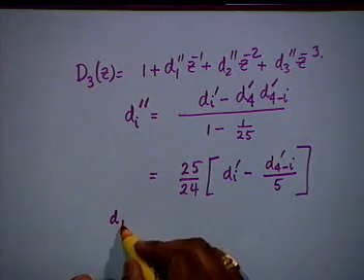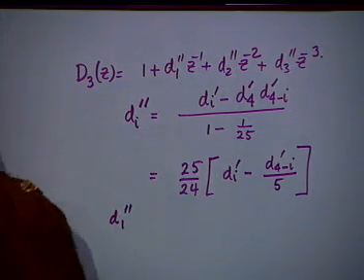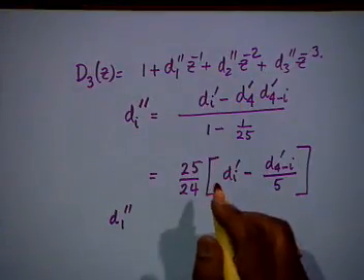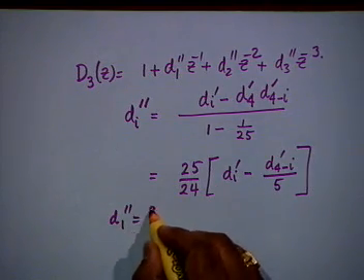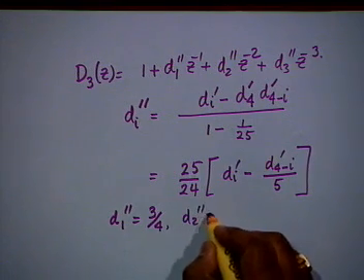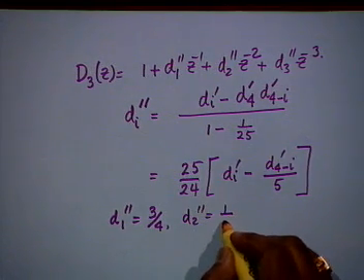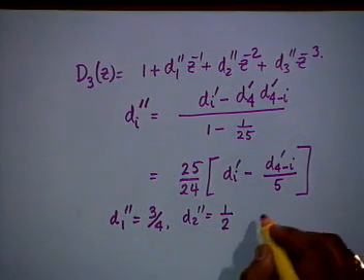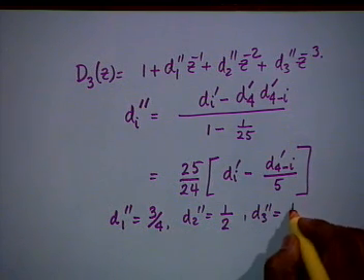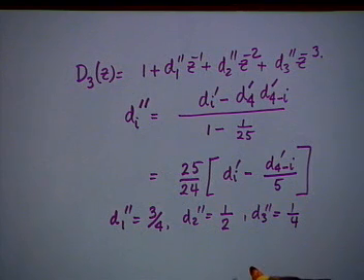My calculation gives d1 double prime is equal to 3/4, d2 double prime is equal to half, d3 double prime is equal to 1/4, and that's it.